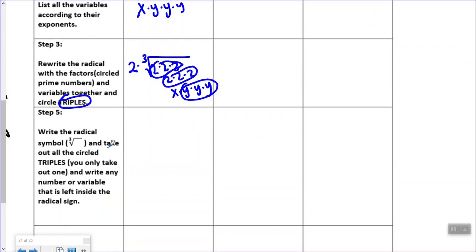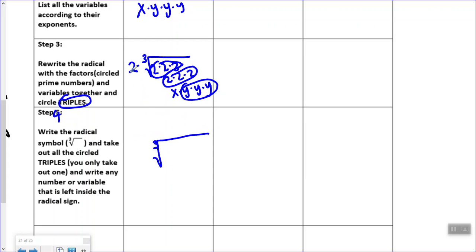And then step 4. Next step, write the radical symbol and take out all the circled triples. But when you take it out, you only take out 1 and write any number or variable that is left inside the radical sign. So we are going to write the cube root.